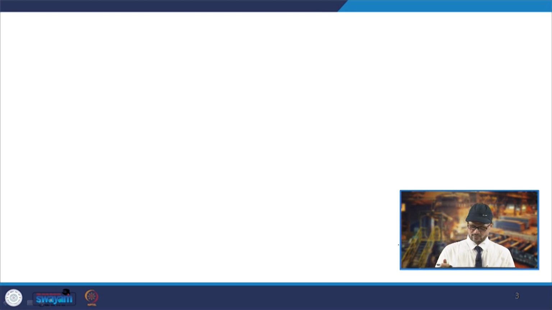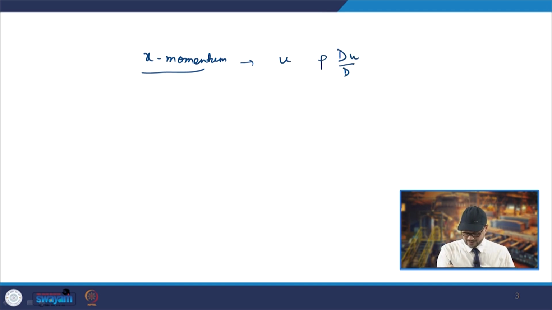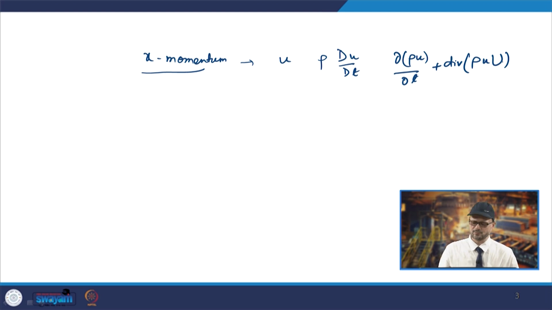If you look at the x momentum term, you will have the velocity component u, you will have ρ Du/Dt, and accordingly you will get ∂(ρu)/∂t plus div of ρuu. So, that will be for the x momentum.